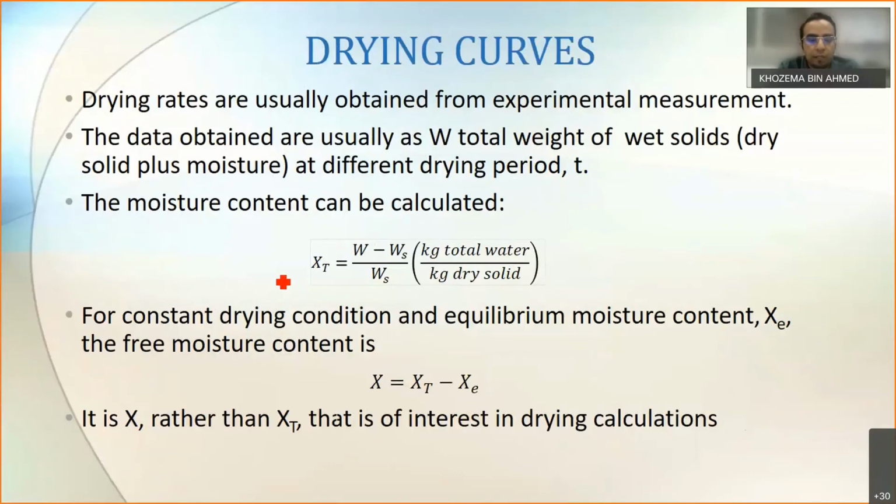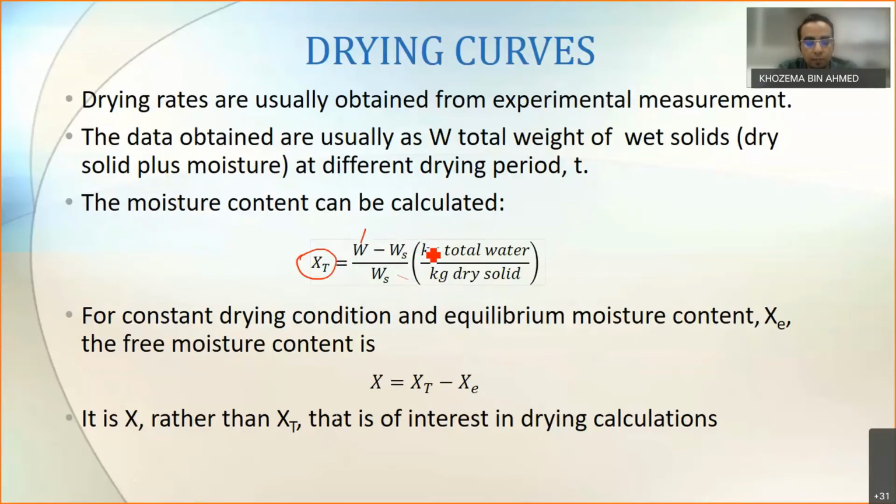When we want the total moisture content, we label it as XT, in kg of water per kg of dry solid. W here stands for the total weight of your wet solid, which is the amount of water plus the dry solid. Ws we define as the weight of the dry solid.